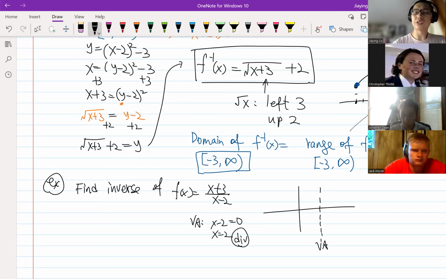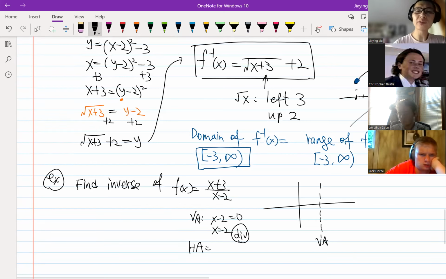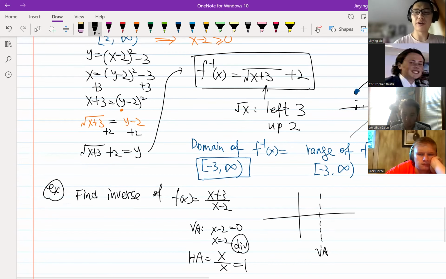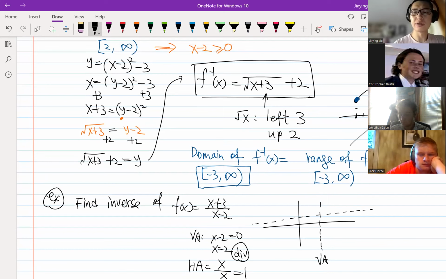The graph diverges at this vertical asymptote. And then the horizontal asymptote is given by the leading term of the numerator, which is x, and the leading term of the denominator, again x, so that's going to be 1. So we have a horizontal asymptote at y equals 1. At the end, it's going to approach this dotted line.